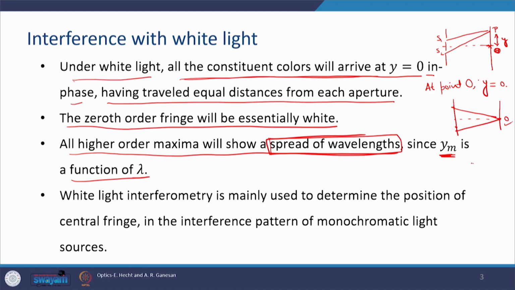To measure the fringe width in the experimental setup, we have a cross wire. There is a micrometer attached to the screen, and there is an eyepiece, and in that eyepiece we have a cross wire.